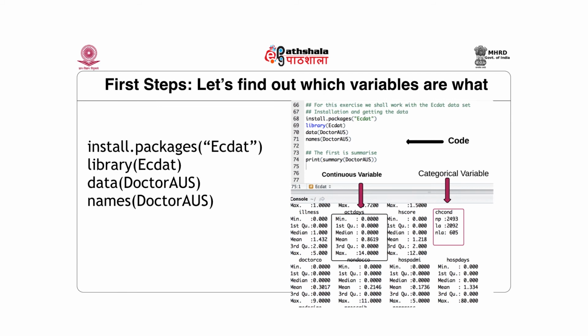Then on the right hand side, you see that you can summarize the data set, and when you summarize the data set, you can see that there are some data that are continuous, there are some that are categorical. For example, chronic conditions is a categorical variable, while the days in which the doctor was seen is described as a continuous variable.